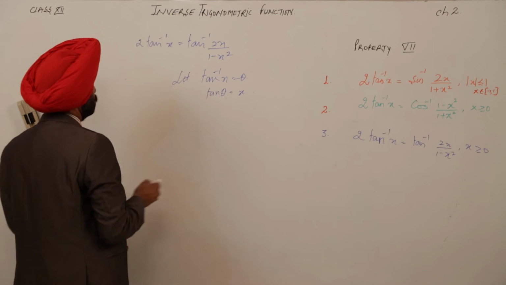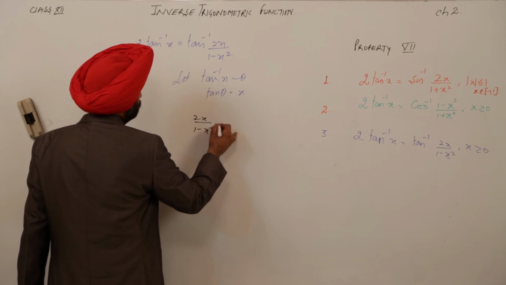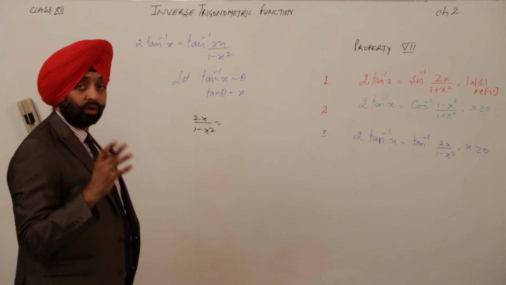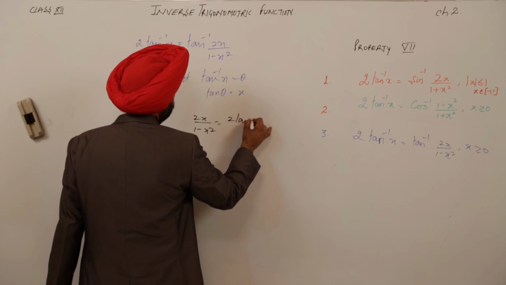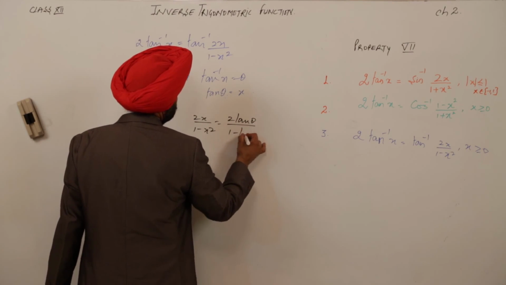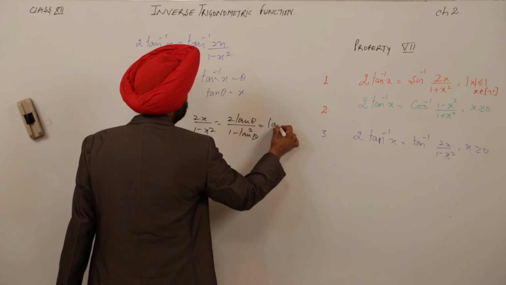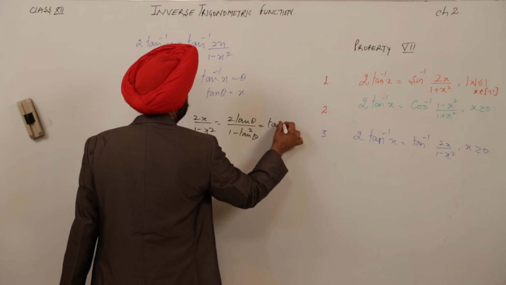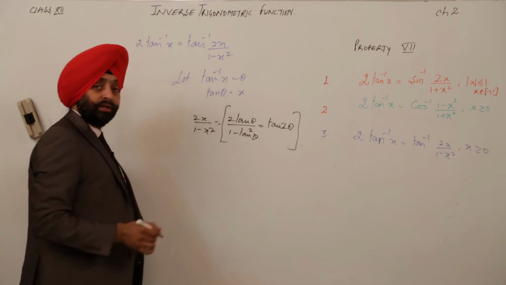So we are having 2x upon 1 minus x square is equal to, if you remember what the formula was, 2 tan theta upon 1 minus tan square theta. This was tan 2 theta. So this formula is basically for tan 2 theta.